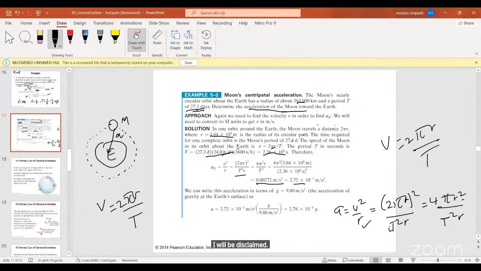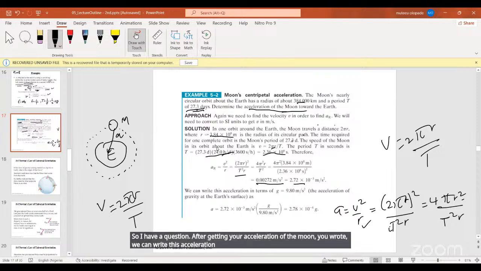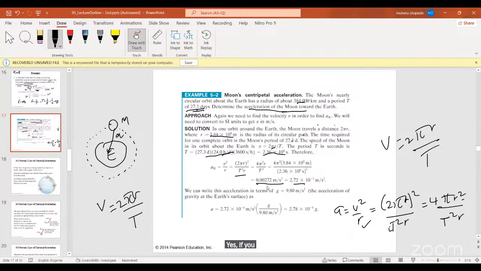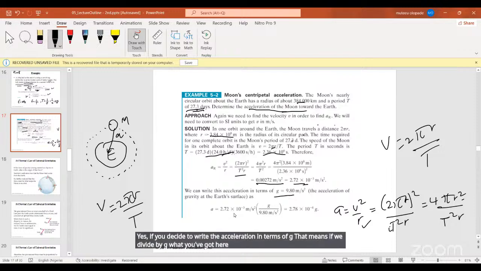I have a question. After getting your acceleration of the moon, you wrote we can write this acceleration in terms of g. I don't understand that part. If you decide to write the acceleration in terms of g, that means if you divide what you got here by g, which is 9.8, you can write it in terms of this.